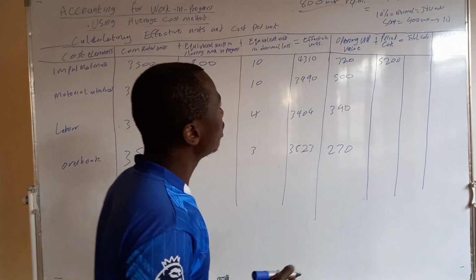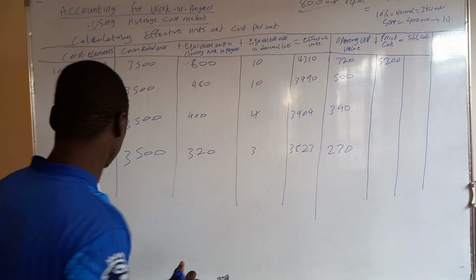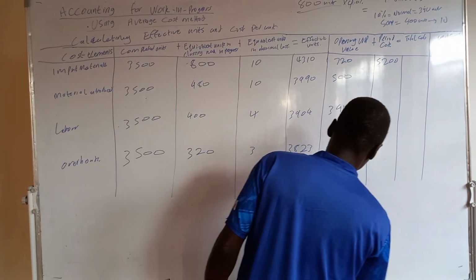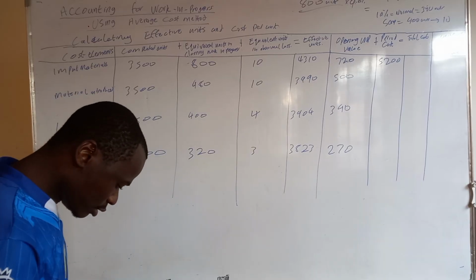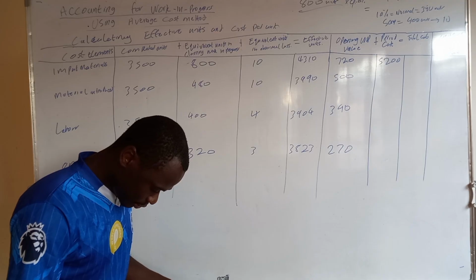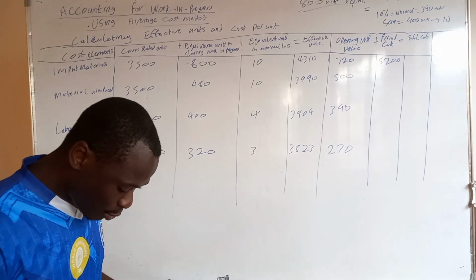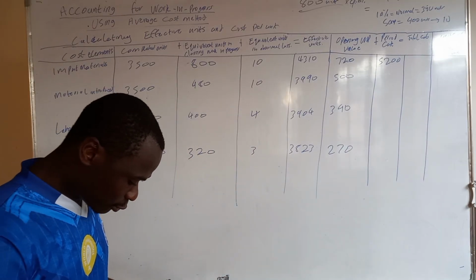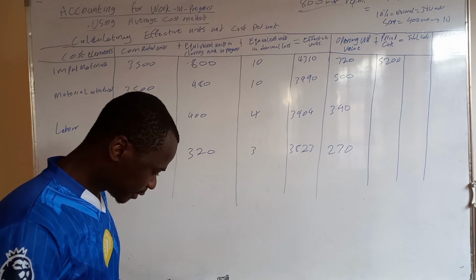Now, material introduced. Remember what we did when we were calculating FIFO. It still works here. We have been given a loss. We were given that we had a loss. Let us look at it. The normal loss is 10% of production. It's 10% of production.